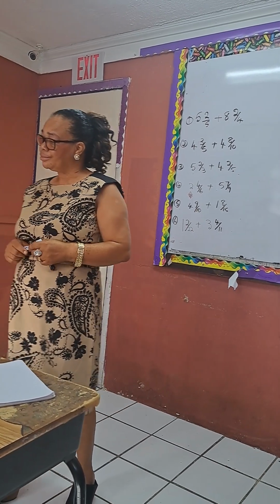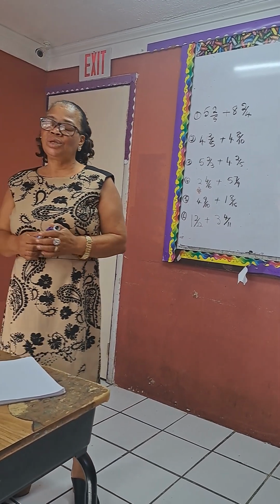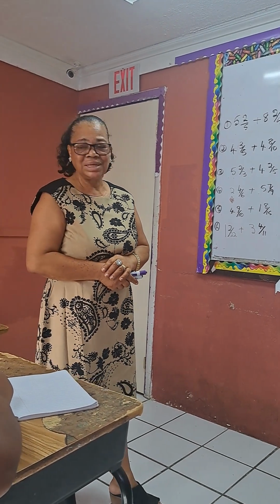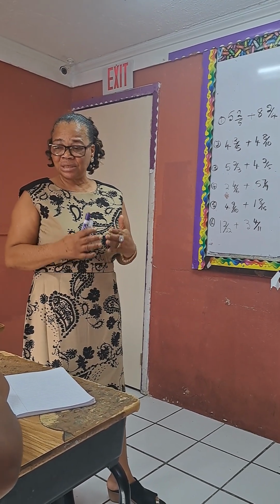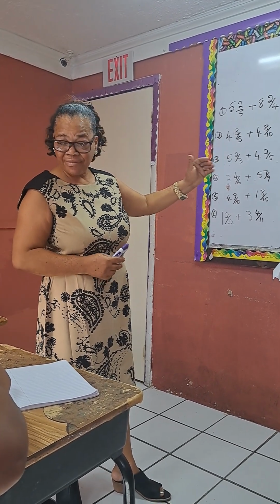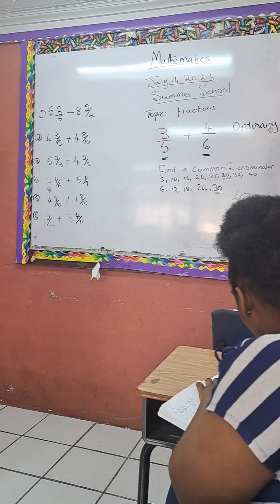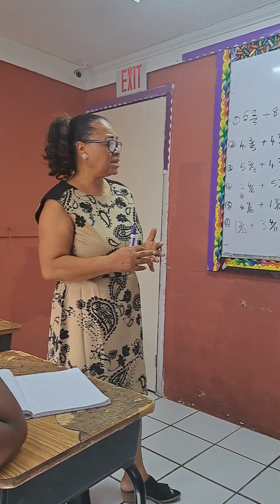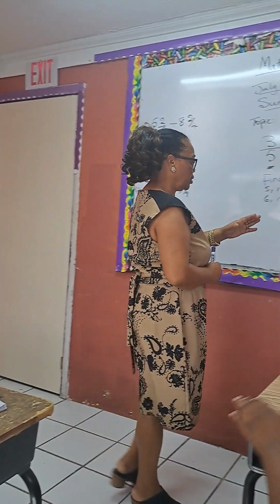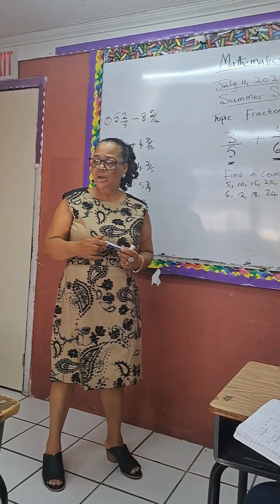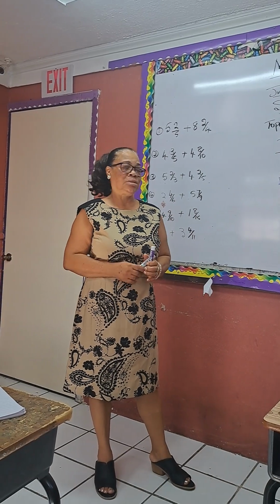What is it called? The lowest common denominator. In other words, it is the smallest number, the smallest multiple of both 5 and 6. Lowest common multiple for my 5 times and my 6 times table is 30. Okay, so now that I have established that, I can go ahead with my addition.